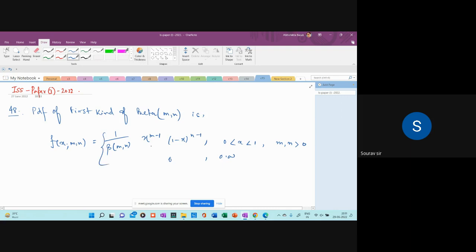This is the PDF of the beta first kind distribution, where this is the beta function.